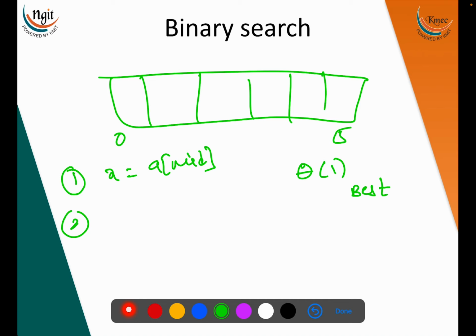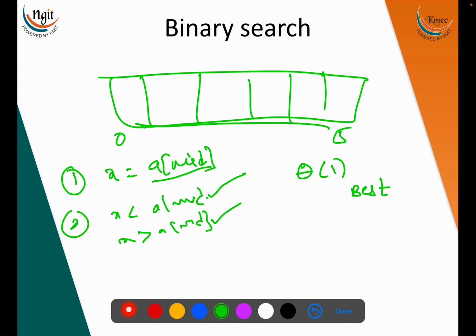If my element does not match A of mid, that means the first case has failed. It can be x less than A of mid, or x greater than A of mid. Either way, we will complete the search operation in this list or in that list. That means the whole list is not going to be searched.